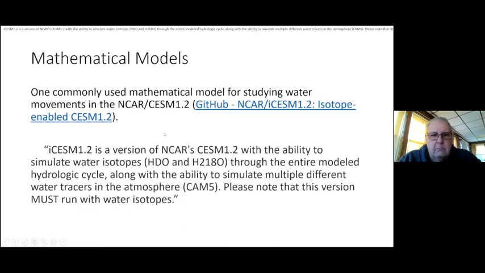And for those of you who want to go deeper, I've put a link into one of the most common mathematical models used for studying water movements. And it can simulate water isotopes, particularly deuterium and oxygen 18.